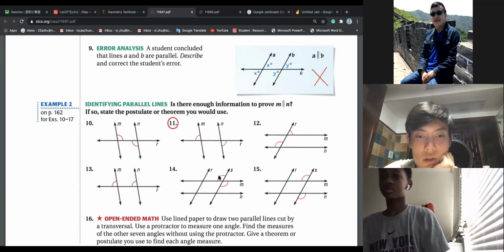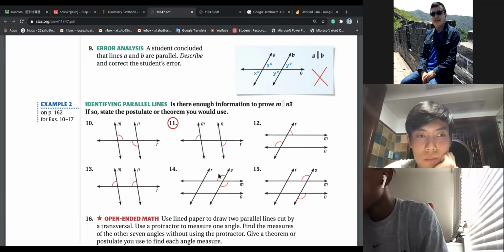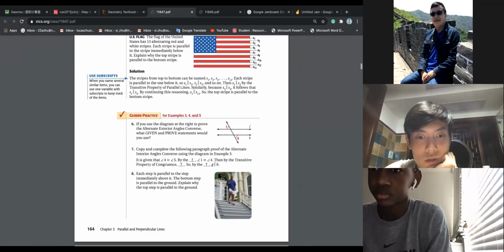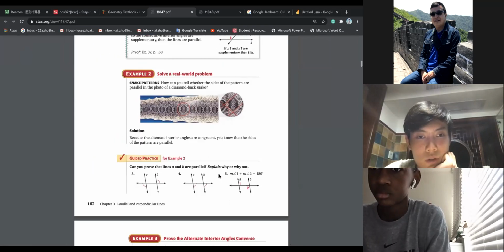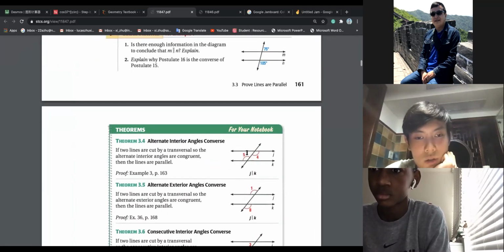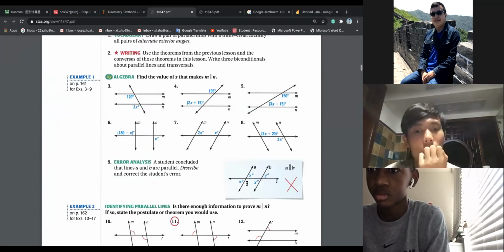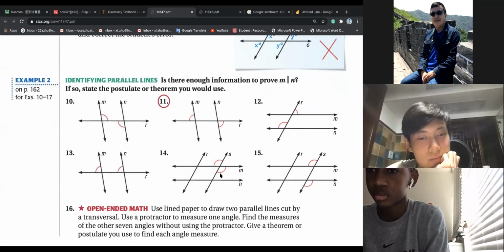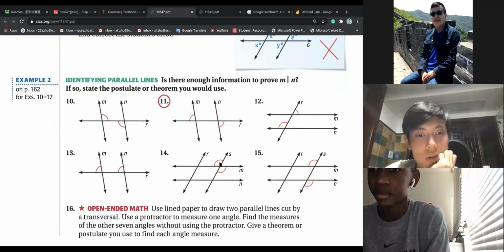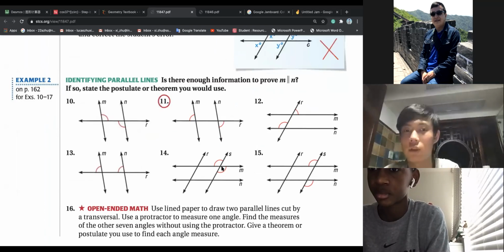But look, if you want to prove something, see over here, they always have to be on different lines, right? But look at this one. They're on the same line. So it is only telling you their relationship, but it's not enough information for you to prove them to be equal, right?